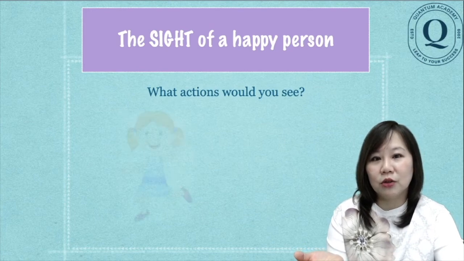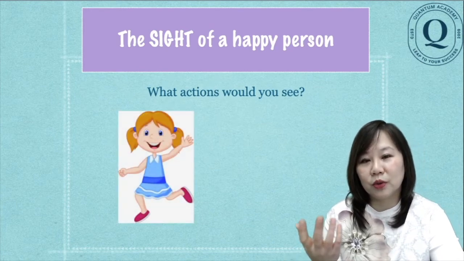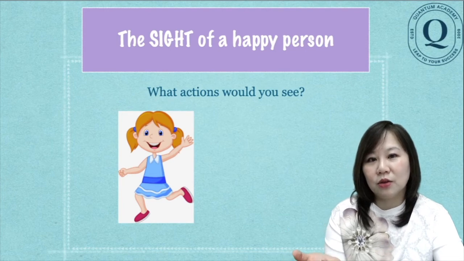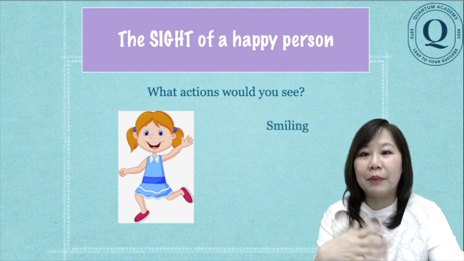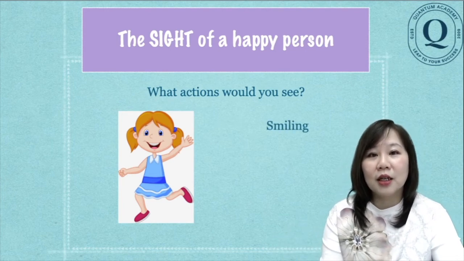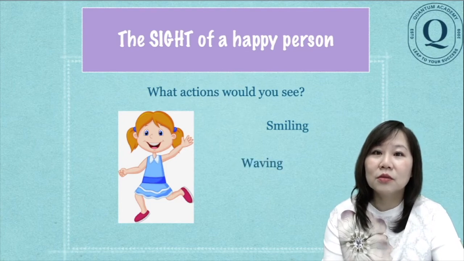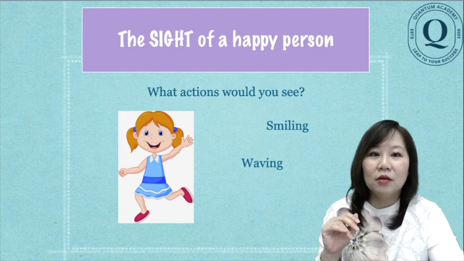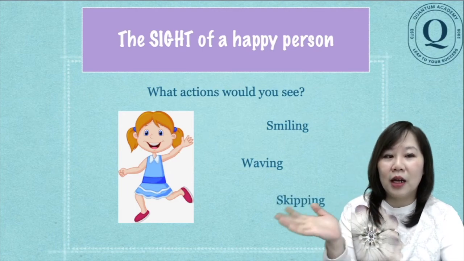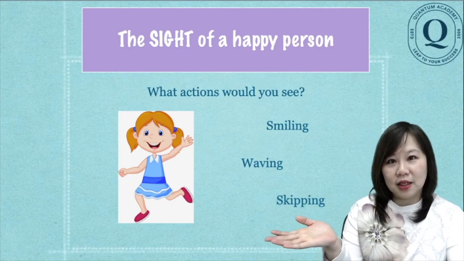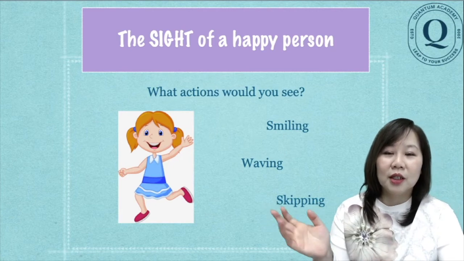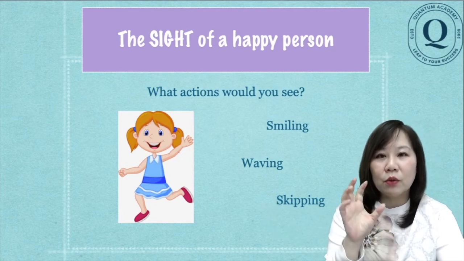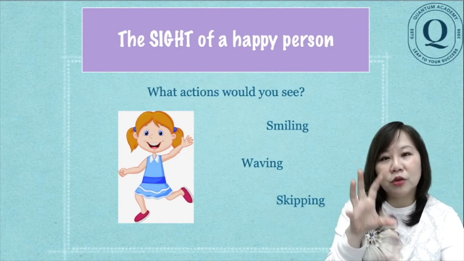So let's put our little Emma here. We'll definitely see a happy person smiling, right? And we'll also see sometimes a happy person waving, saying hi. And also a happy person will probably be skipping across the road. Okay, so with these three features, you don't have to use all three.